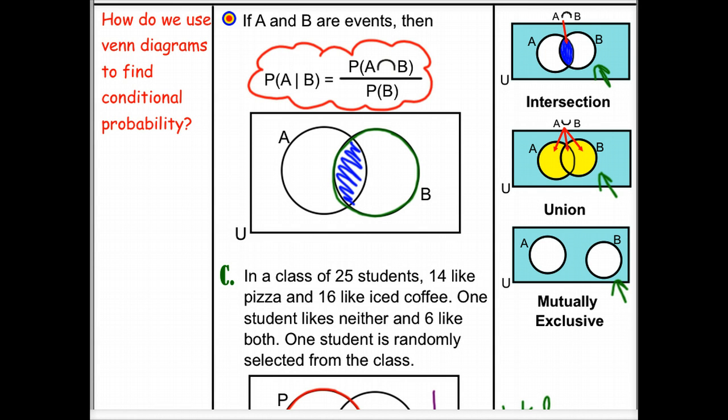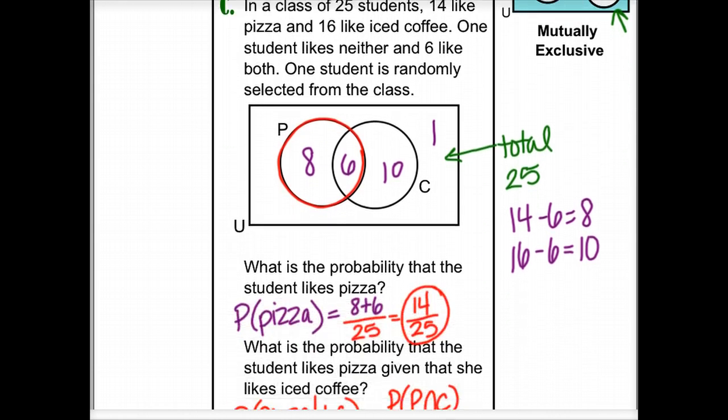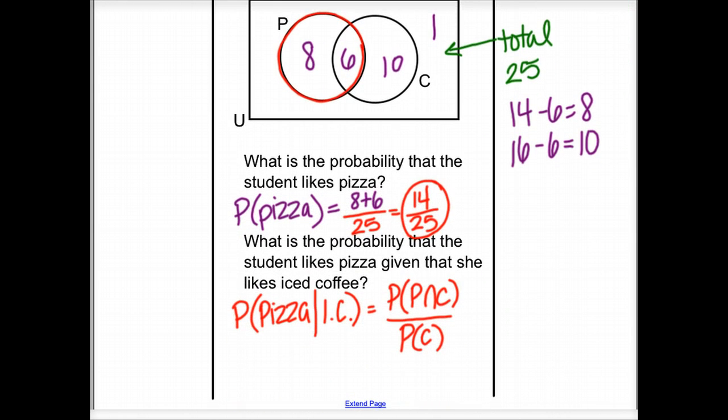And so if we look here, the probability that they like pizza and coffee is going to be this piece here. So it's 6 out of the 25.